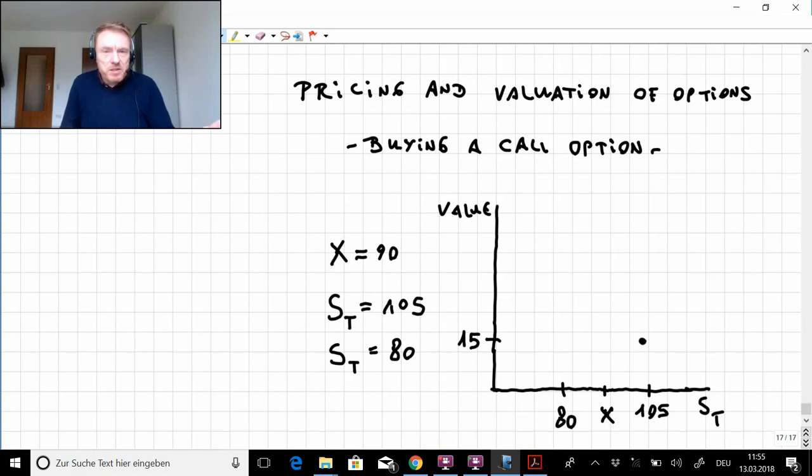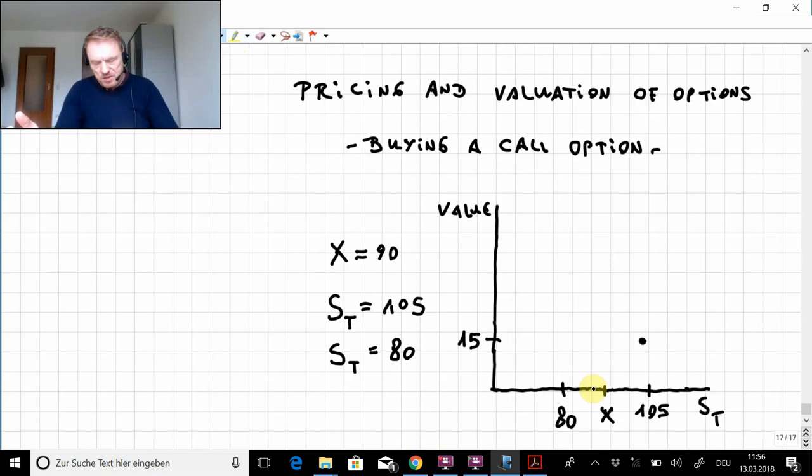Let's look at, for example, 80. What happens if the price is $80 only? He or she does not have the obligation to buy the share, but only the right. So he's not going to do it, because there would be a loss.